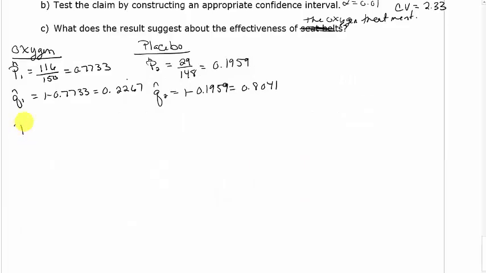Now we can calculate p bar and q bar. p bar is x sub 1 plus x sub 2 divided by n sub 1 plus n sub 2. Again, don't forget to put your numerator in parentheses and also your denominator in parentheses. This is 116 plus 29 divided by 150 plus 148.